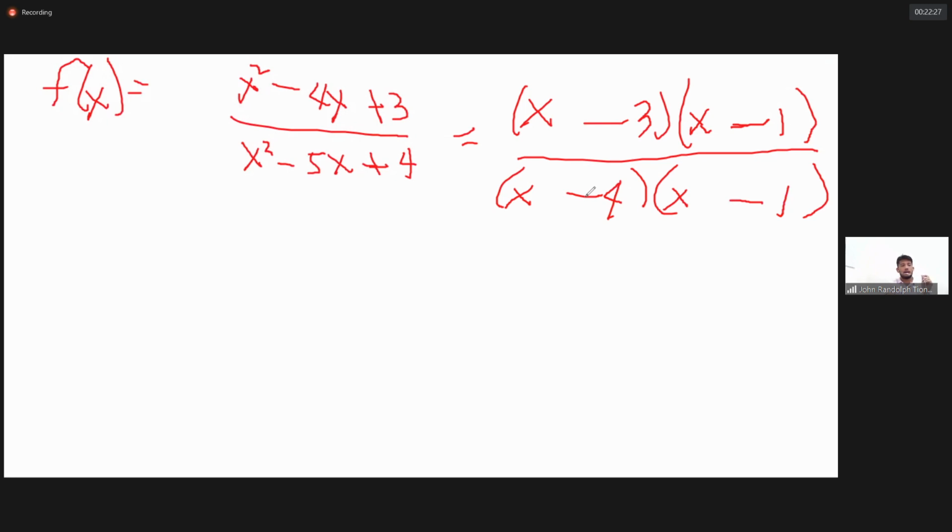So from here, you can now have your vertical asymptotes. What are your vertical asymptotes? Okay. What's your vertical asymptote here? You are going to set the denominator equal to 0 and solve for x, the vertical asymptotes. So x minus 1, the equation natin, x squared minus 4x plus 3 over x squared minus 5x plus 4.